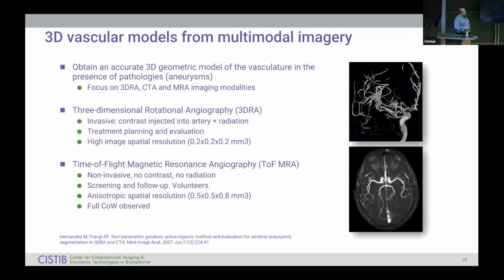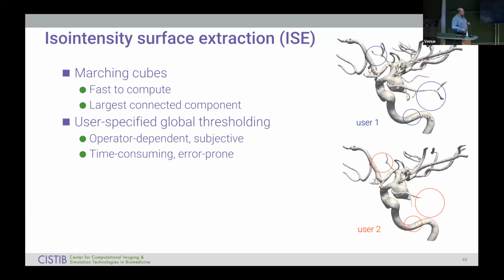You have rotational angiography, magnetic resonance time of flight, CTA, because depending on the pathway of the patient, you may get a different modality. So how you do cross-modality segmentation is a challenge, and how you do that so that you can test this on a very large cohort and it gives you high quality meshes. If you do a simple thresholding, even with rotational angiography, which is the easiest one of all of those, isotropic and high resolution, you still can miss branches.